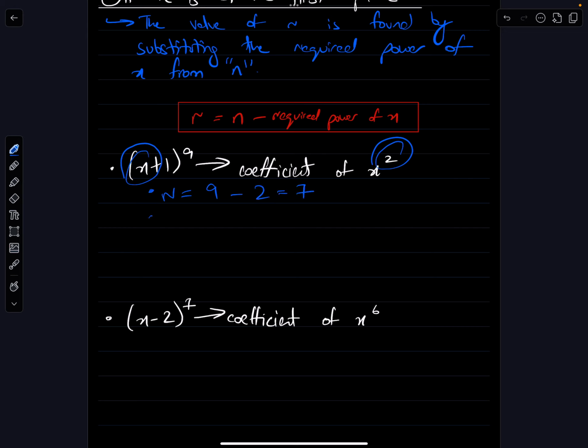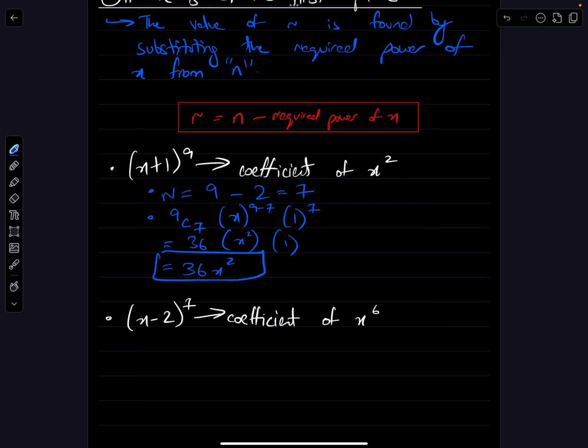Thus our expansion would look something like 9C7 x to the power 9 minus 7 and 1 to the power 7. 9C7 is 36, x squared multiplied by 1, and thus our answer turns out to be 36x squared.